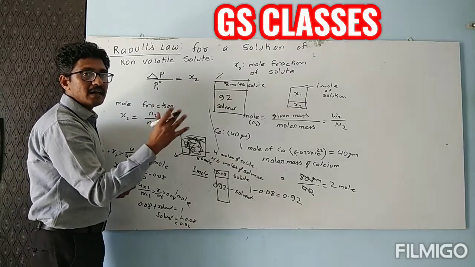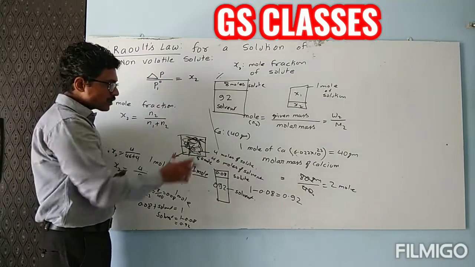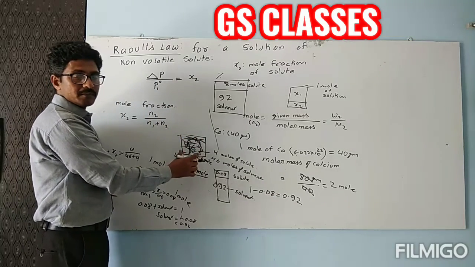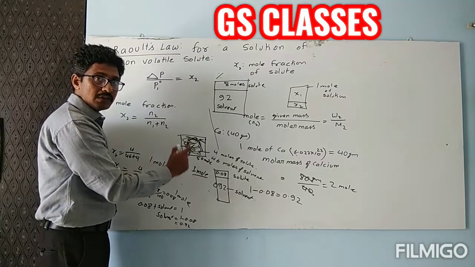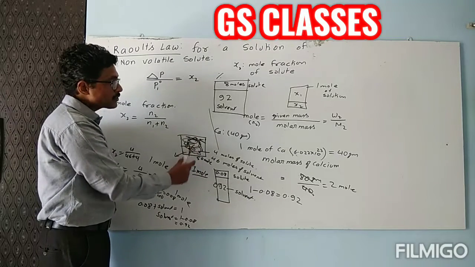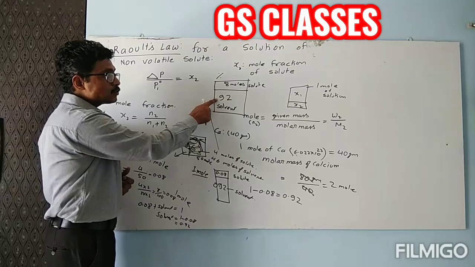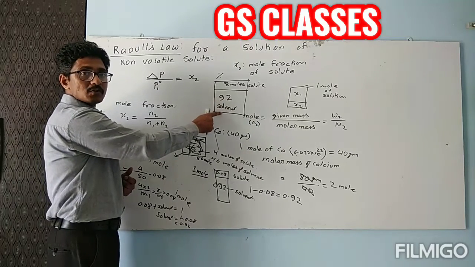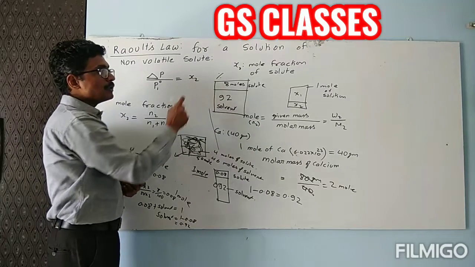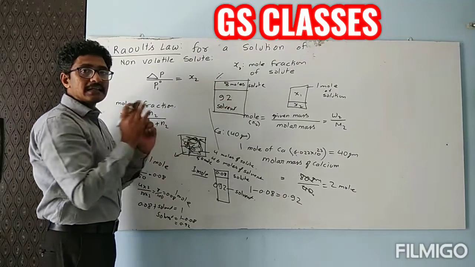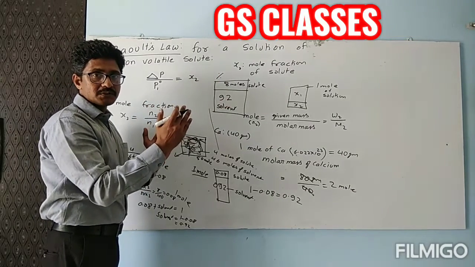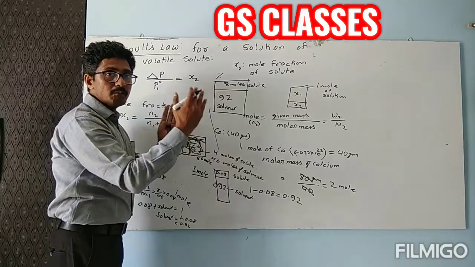Out of every 100 moles of this solution, 92 moles will be solvent and 8 moles will be solute. That is when we talk in terms of percentage, out of 100 moles.